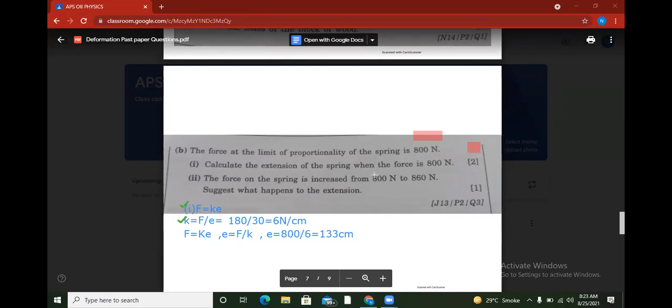If we are increasing our load from 800 to 860 Newton, then definitely there will be an extension of 10 centimeters more.